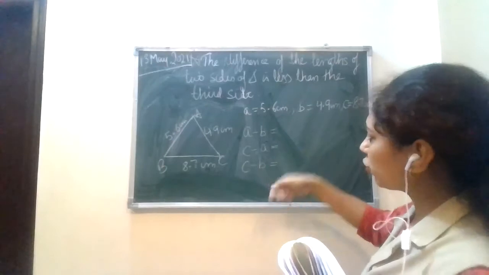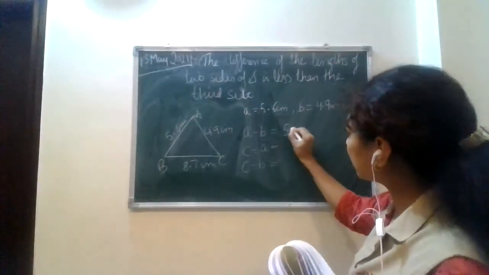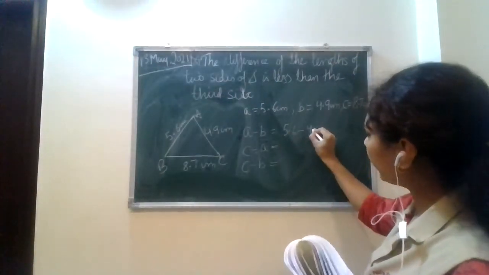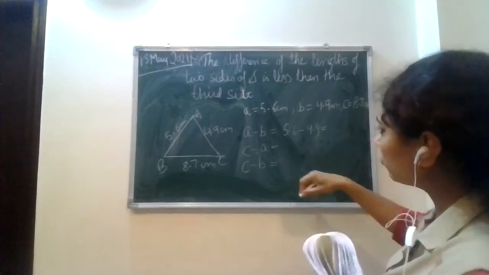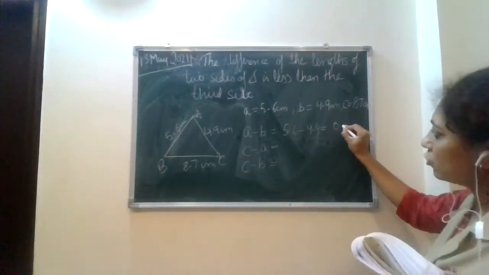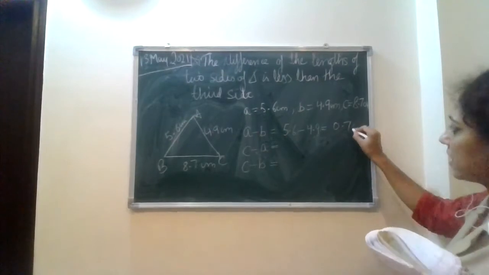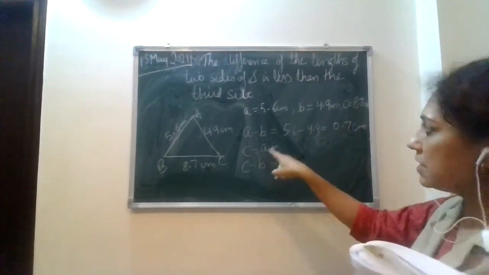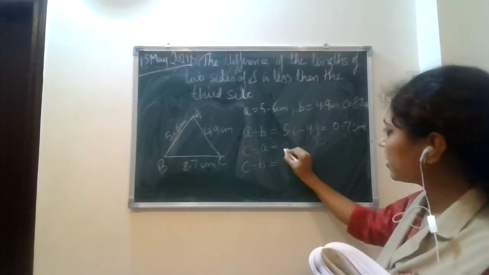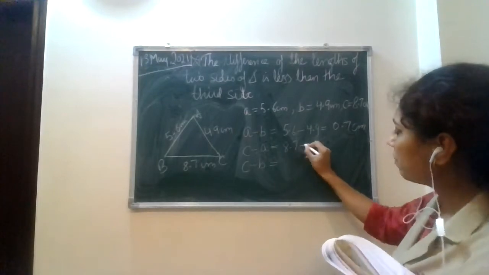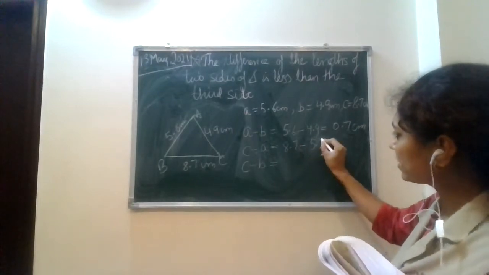Okay. Now substituting the values, 5.6 minus 4.9. What is the value you will get after subtraction? You will say 0.7 centimeter. Okay. C minus A, that is 8.7 minus 5.6.